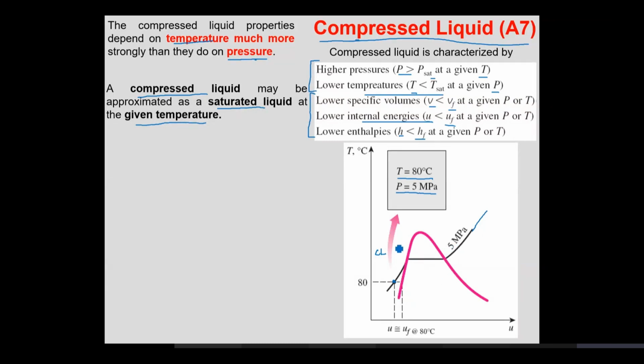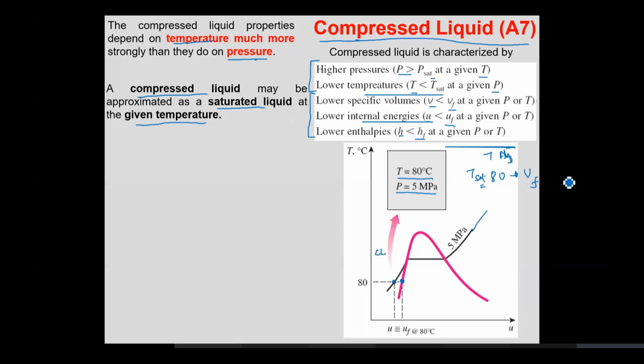I would use an approximation and shift this point to the saturated liquid point at 80 degrees centigrade. So I'll go to table A5 and see where the saturation temperature is 80 degrees centigrade. I'll read out the value of uf. Clear?